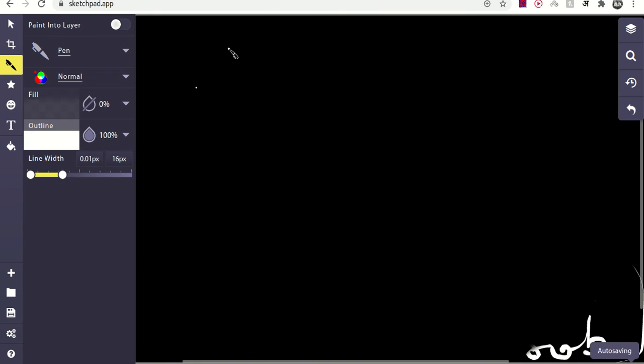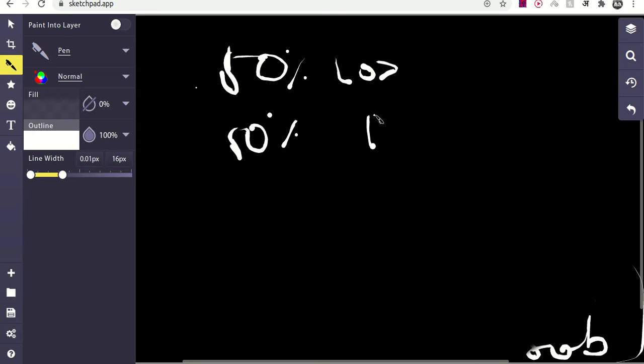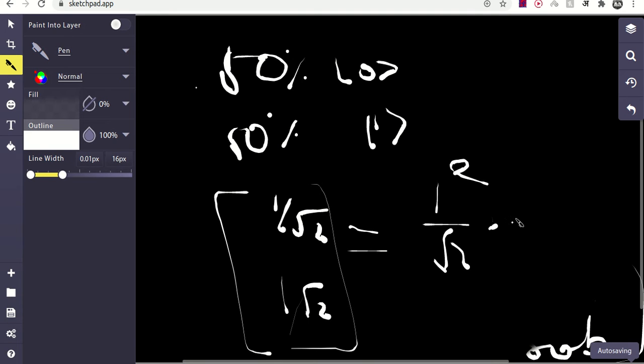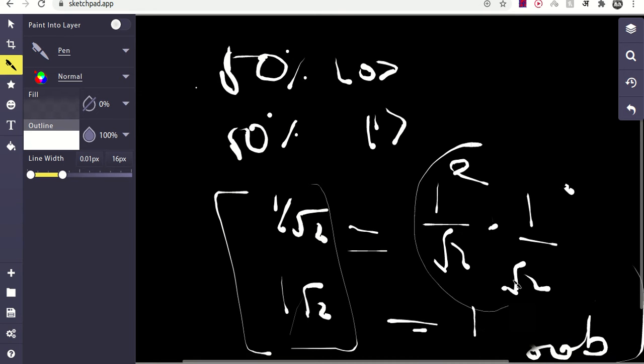Superposition means we have 50% probability to find it in 0 and 50% probability to find it in 1. Then the state vector will show us 1 by root 2 and 1 by root 2. So the total probability will be (1 by root 2) squared plus (1 by root 2) squared, equal to 1. But the probability to find it in the 0 state will be 1 by 2. I think you understand that.